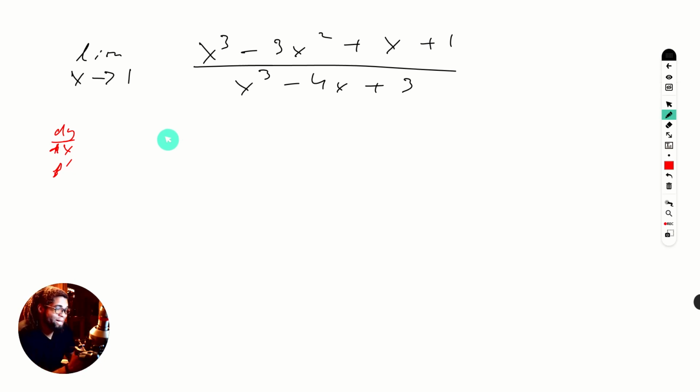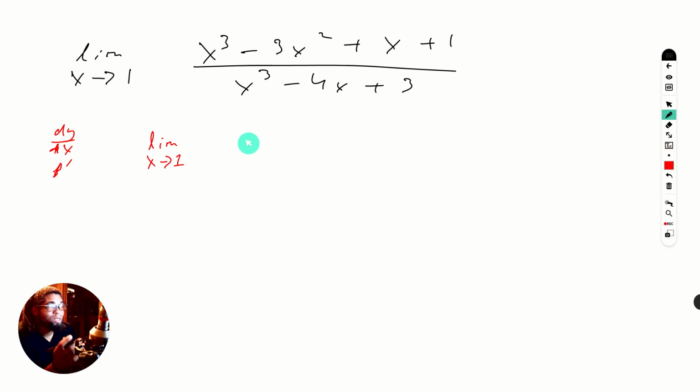Okay? But until we get to that point, we have to keep the limit with our problem, because that designates that we're just not there yet. We're not ready to plug in the actual number into our equation. So we're going to put the limit there, and then we're going to find the derivative of the top and bottom.